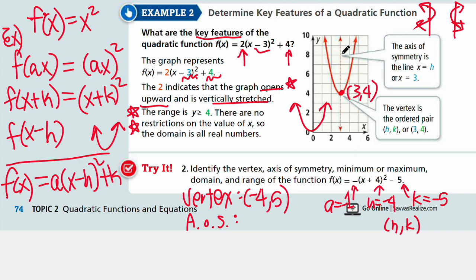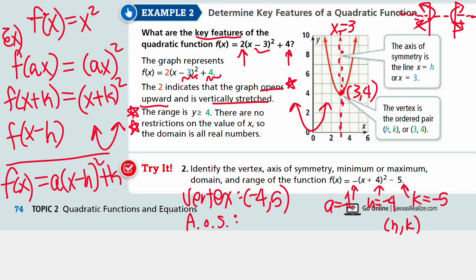Okay, and then axis of symmetry. Your axis of symmetry is basically going to be the middle line where the graph reflects, and it's always going to be x equals something, because if it's y equals something, your axis of symmetry is horizontal, and that means your relation is not a function.